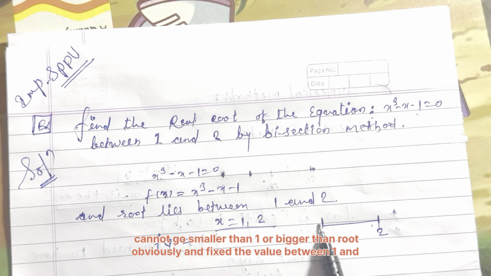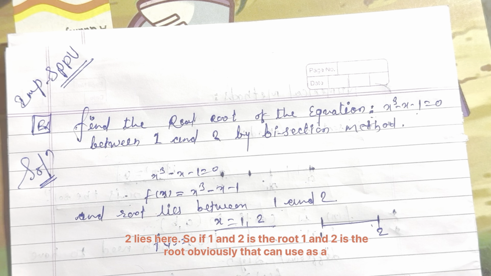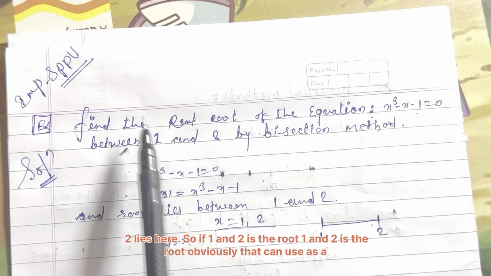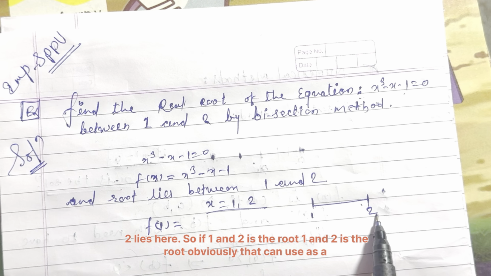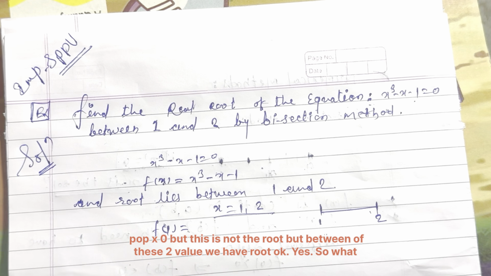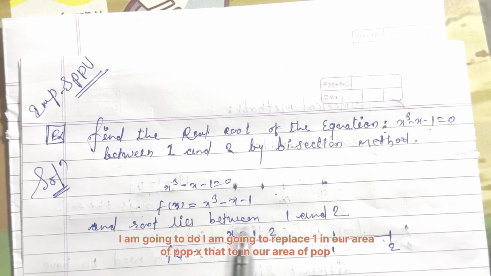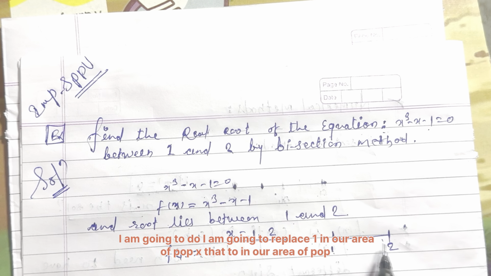If 1 or 2 were the root, that would give us f of x equal to 0, but they are not the root; the root lies between these two values. So I'm going to replace 1 in our f of x, and after that 2 in our f of x.